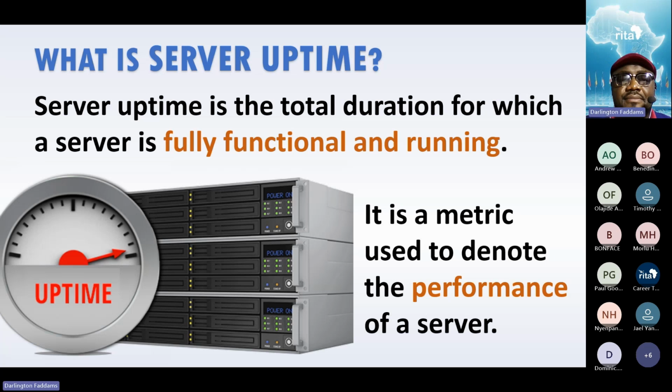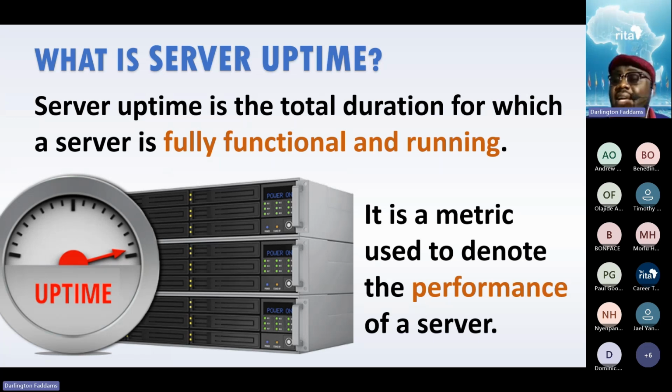Most of the time, you are going to hear the uptime is 99.9%. This means that the server is running and functional. This means that the server doesn't go off. Please put server uptime in the chat for me. Now, you need a server that gives you 99.9% uptime.